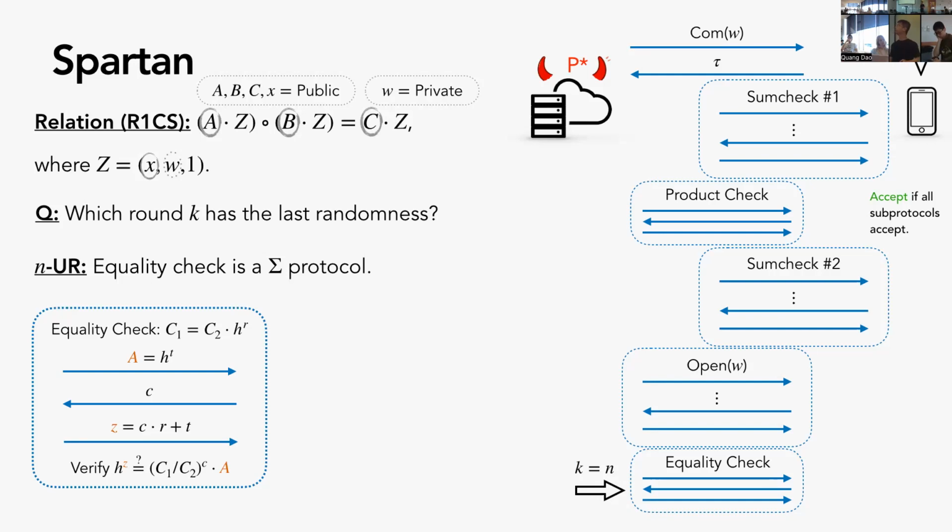We want to make it impossible to have two different Z's that can make the proof accept. This is the case because based on this verification equation, Z is uniquely defined given any challenge C. So KUR is relatively easy to prove here.